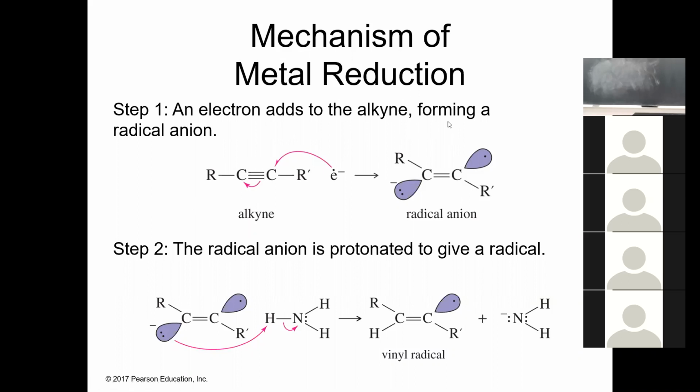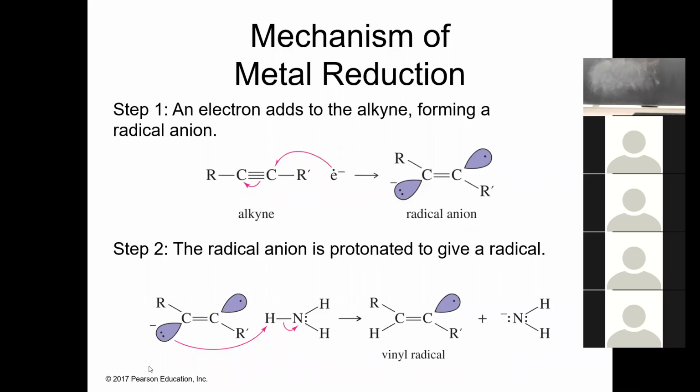It gained an electron, and that gives us a radical anion. It's negative because of the gain of one electron. And this orbital takes up a lot of space, and so does this one. And so these two orbitals need to be trans to each other.